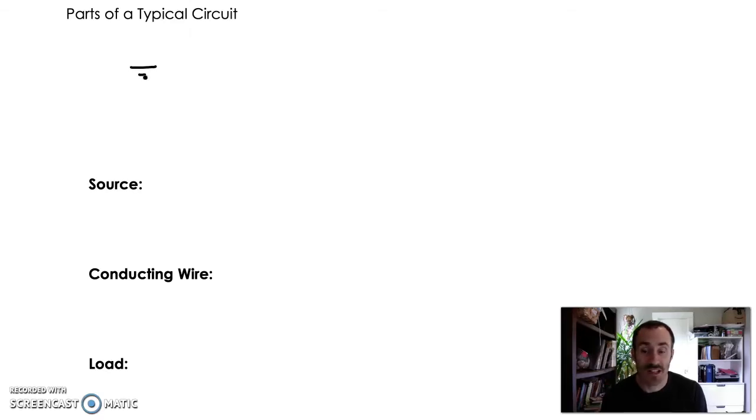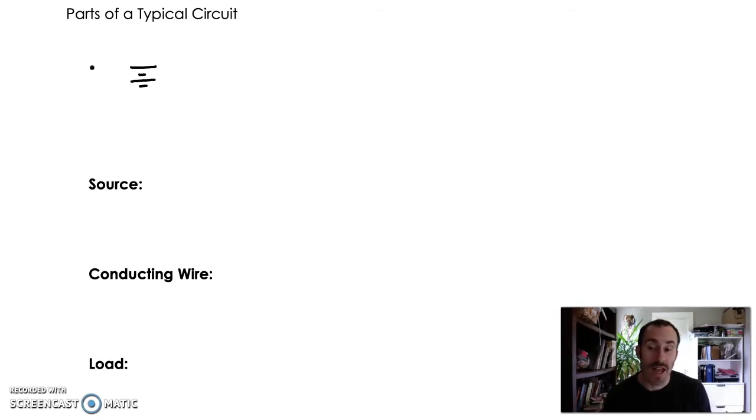A positive and a negative terminal, that's fine. Technically, this would be the symbol for one cell in a battery. But most batteries are made of multiple cells, and so you'll get multiple stacks of these types of things. Okay, but it doesn't really matter how many you do. The point is that you recognize that this symbol over here is a battery symbol or a voltage source.